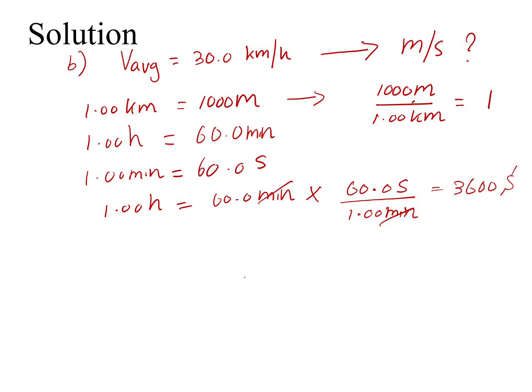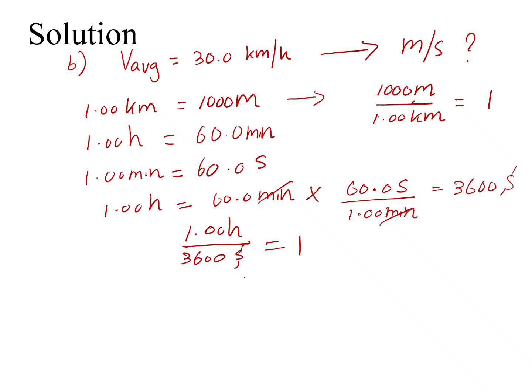So from here we get our second fraction that we need, which is 1 hour divided by 3600 seconds equals 1.